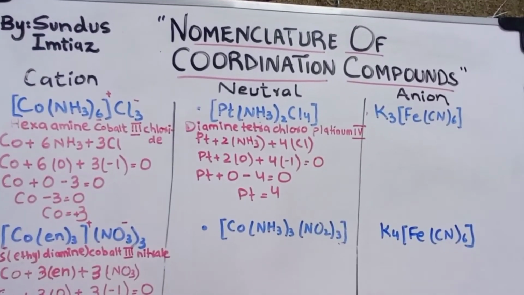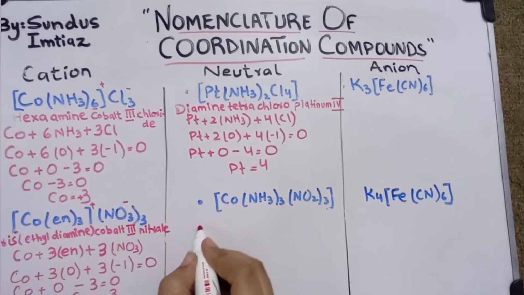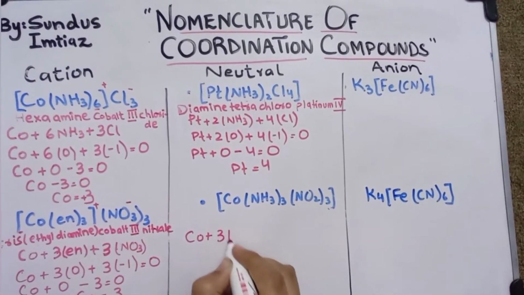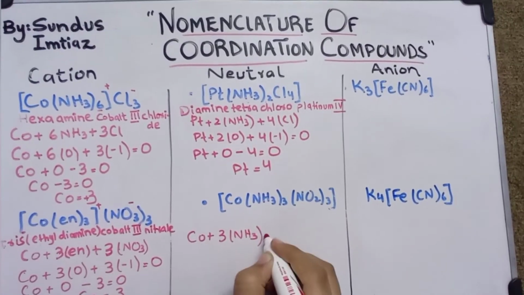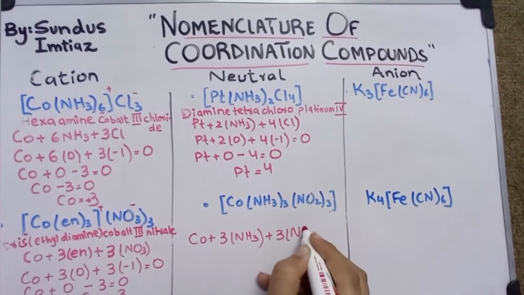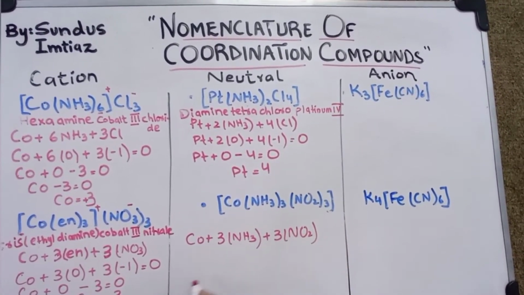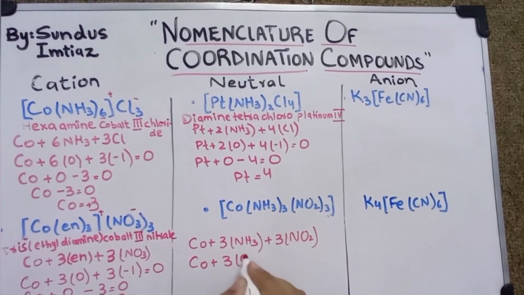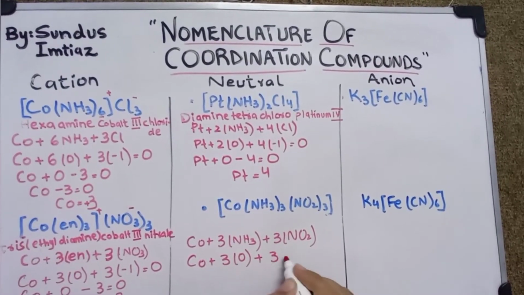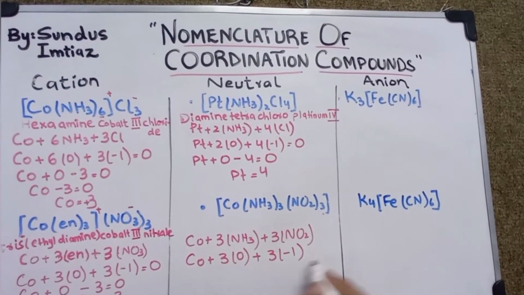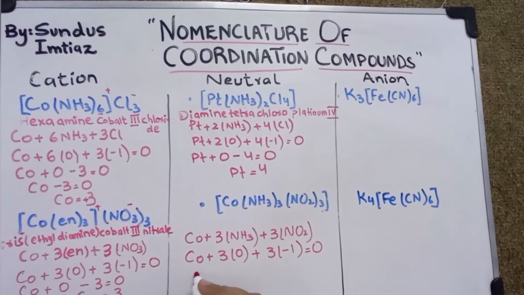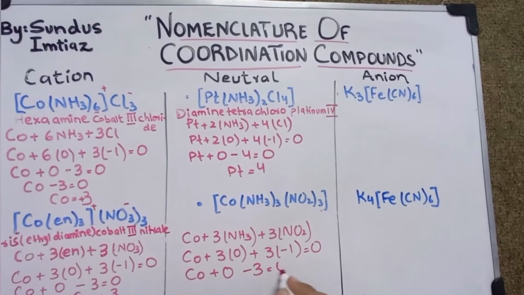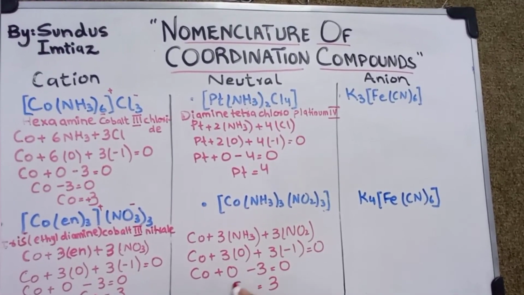Okay. Now second one, cobalt, Co plus 3 amine plus 3 NO2 nitrite. Cobalt plus 3 times 0 plus 3, of course it has negative 1 charge too, so cobalt plus 0 minus 3 is 0, and of course 3 would be the charge on cobalt.